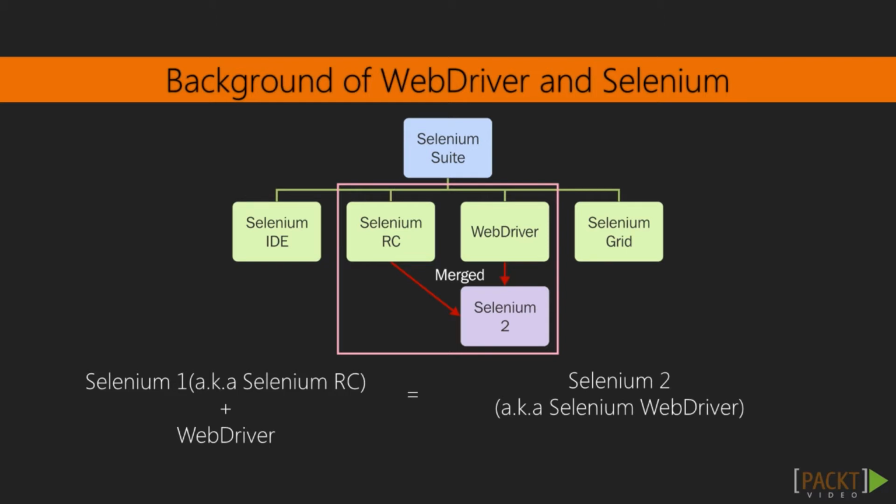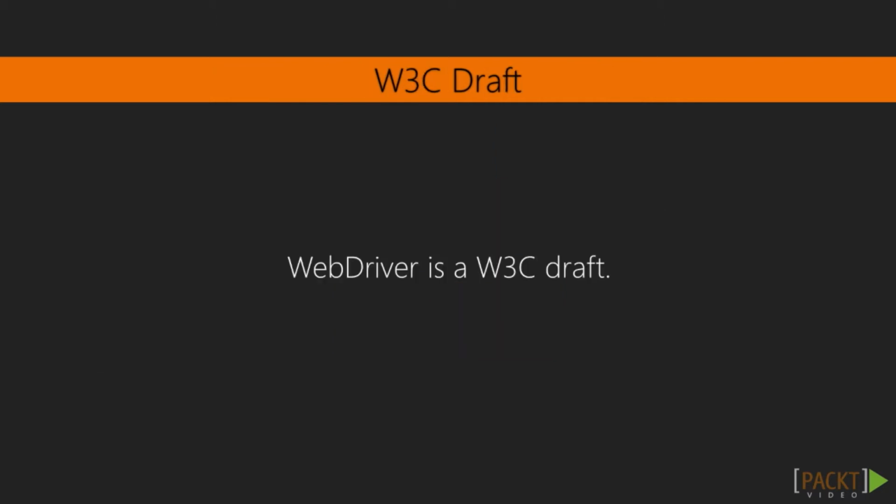Selenium version 1, also known as Selenium RC, injected JavaScript into the browser and controlled it that way. Then, Selenium RC was upgraded to Selenium WebDriver, which used the browser's native interface to control it. Later on, both these two projects were merged, and the future is called Selenium 2.